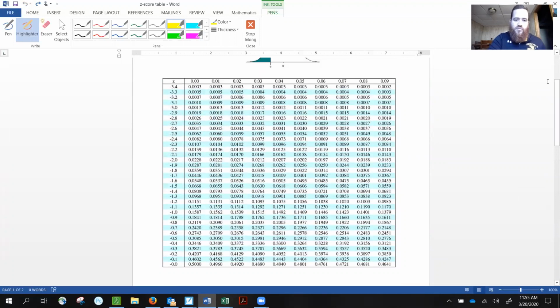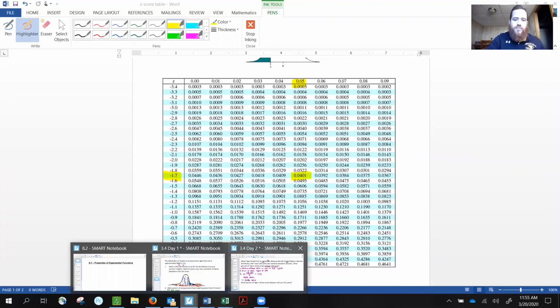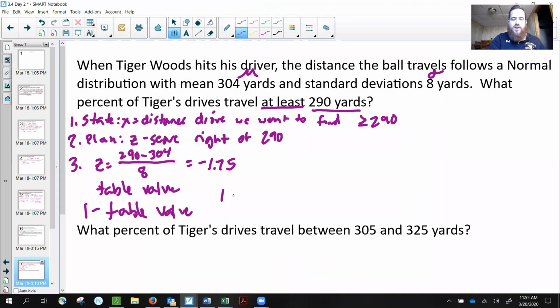Negative 1.75. So find that table value, 0.0401. So it's 1 minus 0.0401 or 0.9599.